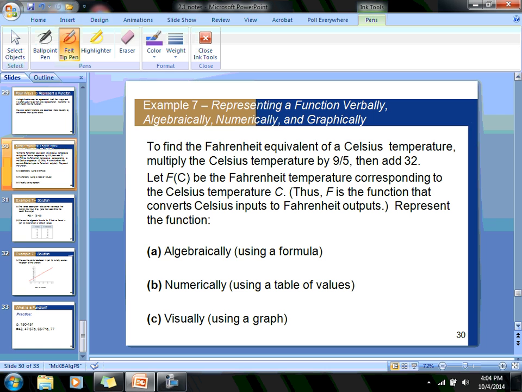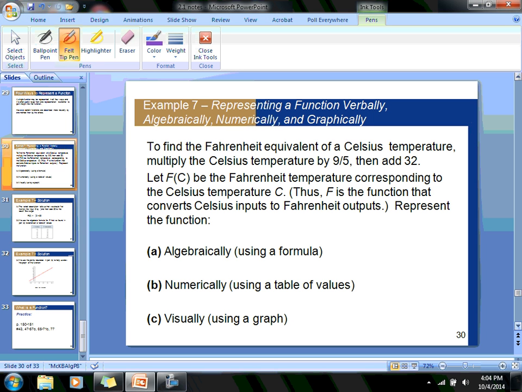So let F of C be the Fahrenheit temperature corresponding to the Celsius temperature. So we're going to say that F is the function that converts Celsius to Fahrenheit. And they want us to represent that function algebraically, numerically, and visually.